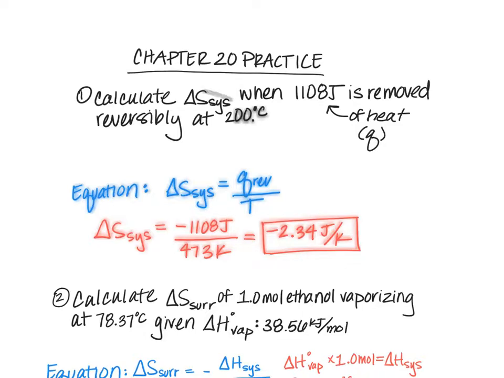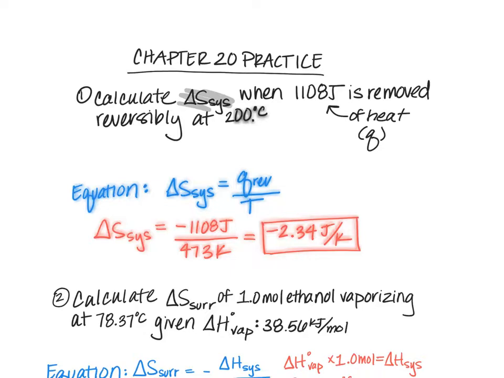The first is delta S of the system. So that's pretty obvious that you need to choose an equation that solves for delta S. Remember, delta S of the system is synonymous to delta S of the reaction. Anytime you look at the equation page on the exam, you would see 2 different ways to solve for delta S of the system.